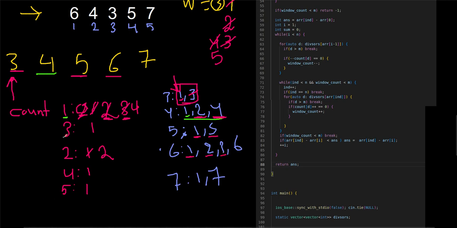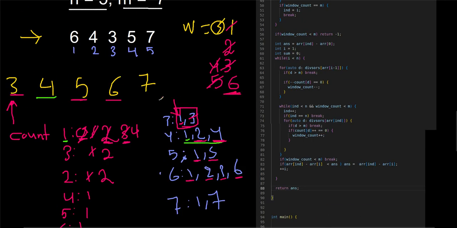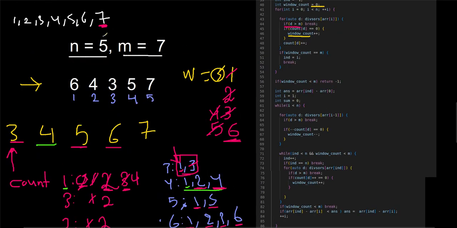For 3, we have 3, so increase this by 1. 6 is not in the count, so we increase the window count by 1, and it becomes 6, and we add 6 to the dictionary. So until now we have 6 topics covered, and that's not enough. We need all the topics to be covered.